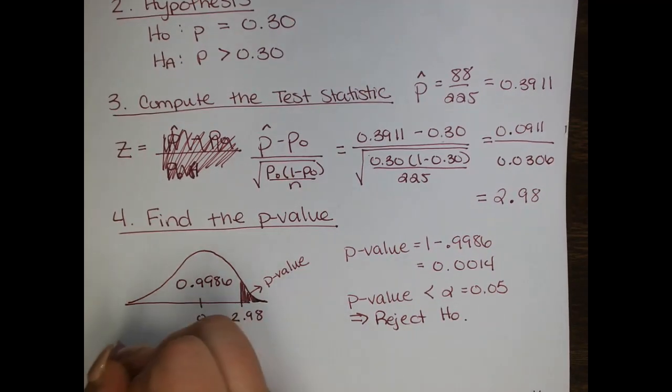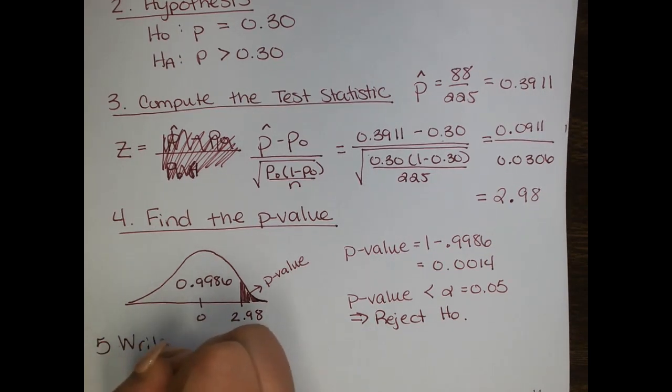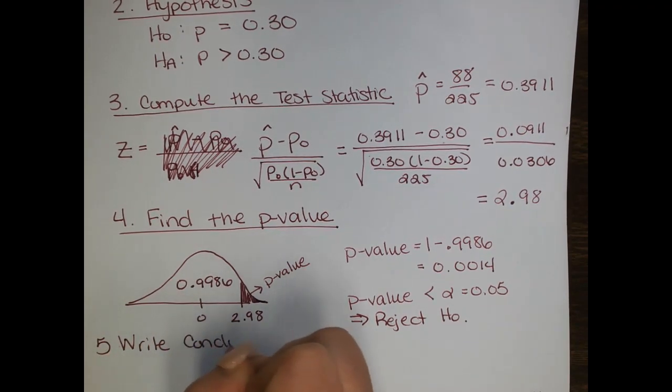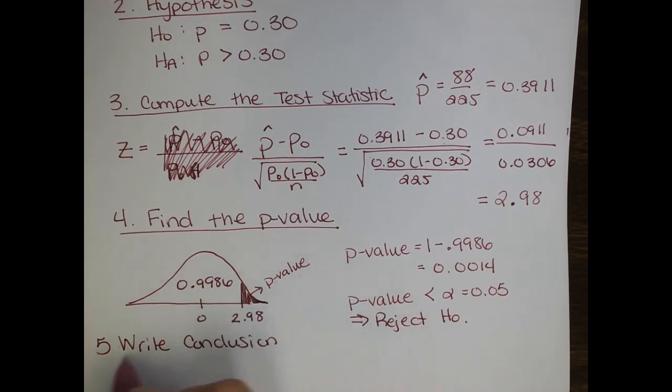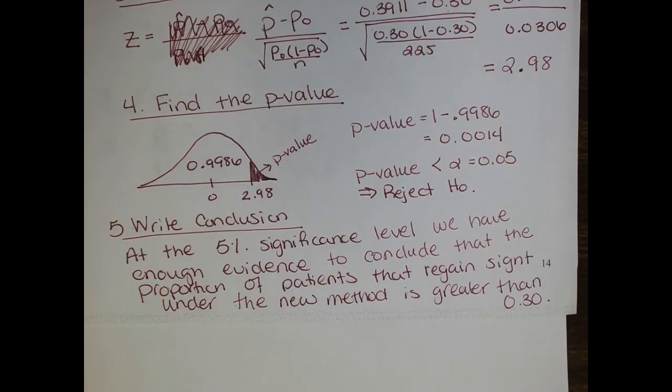Next, we can write our conclusion. I had a little bit of a glitch in the video, so you'll now see the conclusion is fully written. So take a moment, write down this conclusion, and then we'll talk through it together.